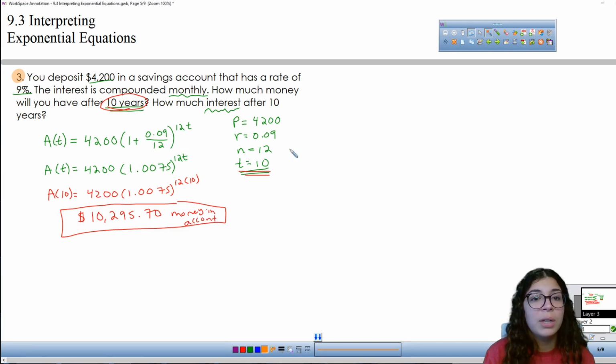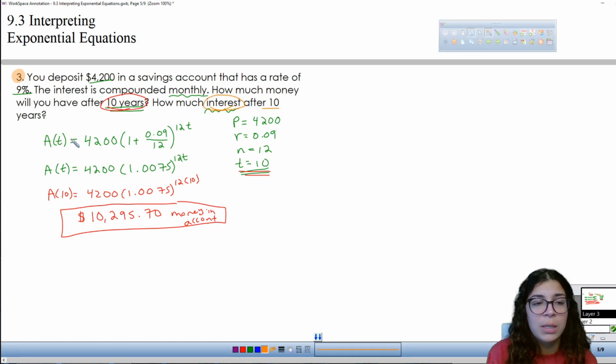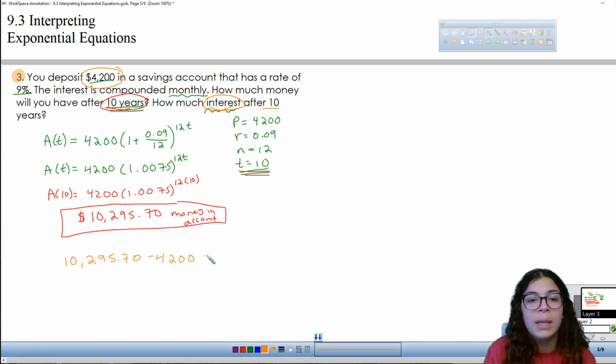Now the second question asks how much interest you're going to have after those 10 years. So we've already calculated how much money we have total. Of course, not all that money was given to us by interest. Some of that we had put in ourselves. So to find the interest, we take how much money is in the account and subtract the amount of money that we initially put in the account.